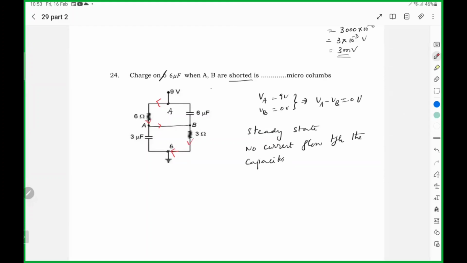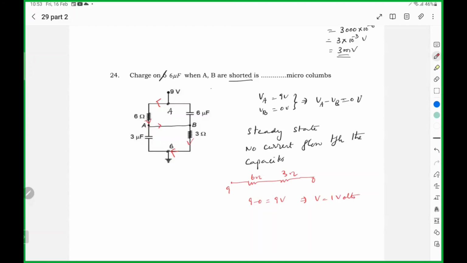So here 6 and 3 are in series, right? So between 9 and this is 6 ohm, 3 ohm, here it is 0 volt. Potential difference is this. So V is 1 volt.